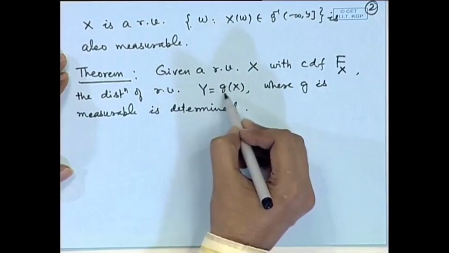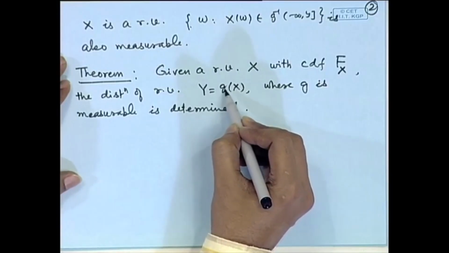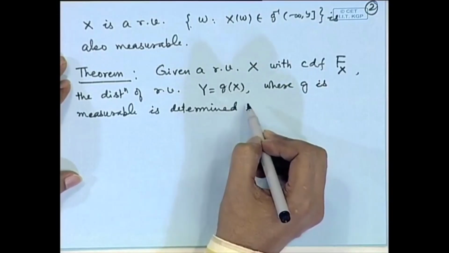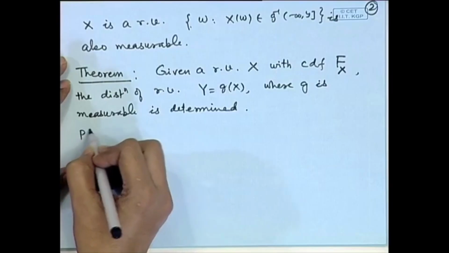So, from now onwards, whenever we are considering a function g(X), g has to be a measurable function.